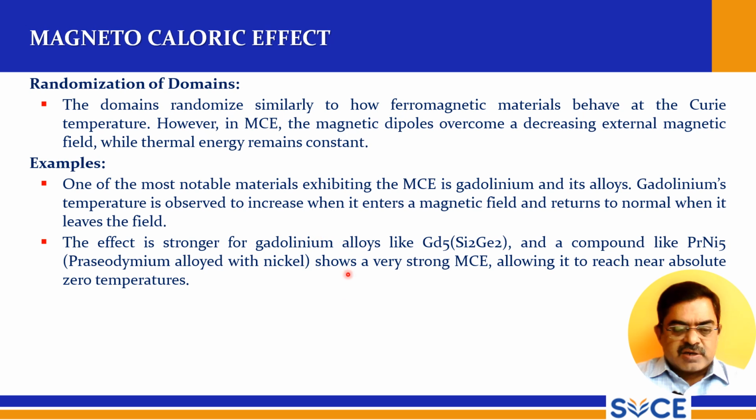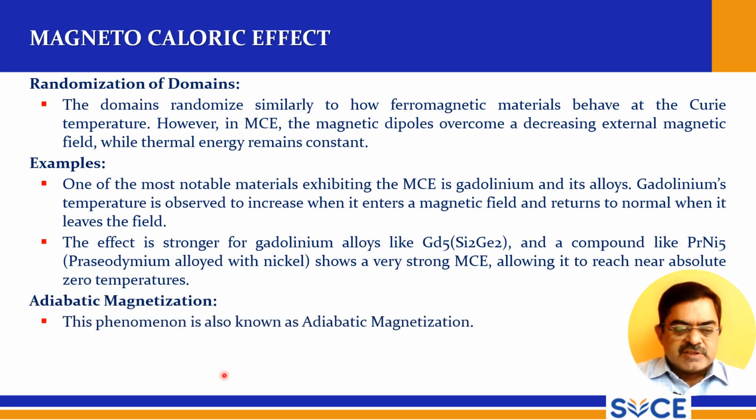The effect is stronger in gadolinium alloys like Gd5(Si2Ge2) and compounds like PrNi5, praseodymium alloyed with nickel, which show a very strong MCE, allowing it to reach near absolute zero temperatures. This alloy provides a very good cooling effect.